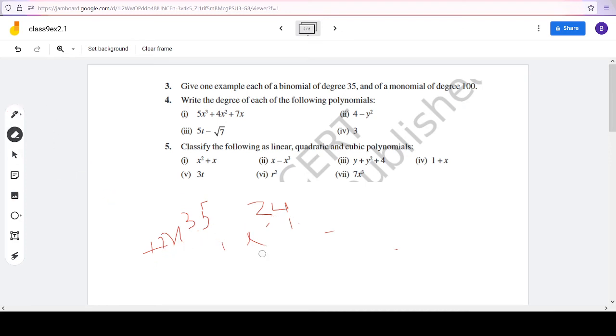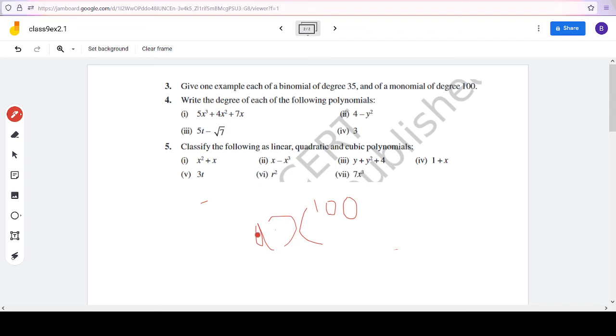Single term implies that we can write it as follows: a degree of 100. Suppose I consider the variable as x, then the x power 100 term. So any constant, any real number a, into x power 100.